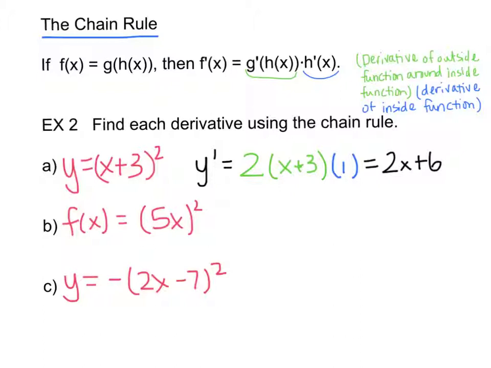Okay, so let's look at part B. F prime of x. Again, I'm looking for my inside function and my outside function. So my outside function, again, is x squared.